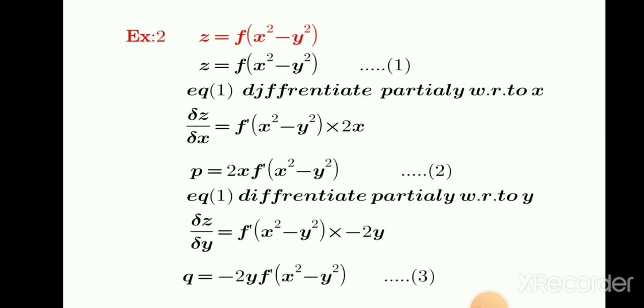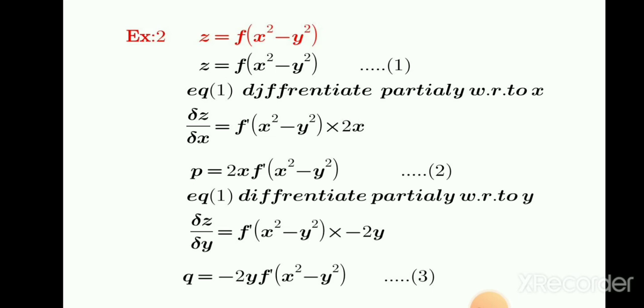We take another example in which we eliminate the arbitrary function. z equals f of x square minus y square. Equation 1 differentiate partially with respect to x. Therefore, del z by del x equals f dash of x square minus y square into 2x.